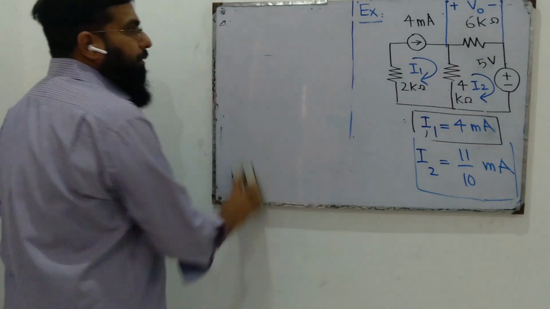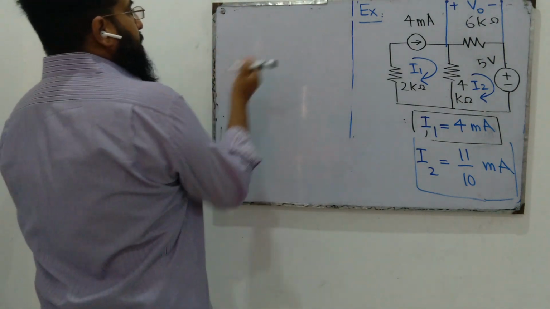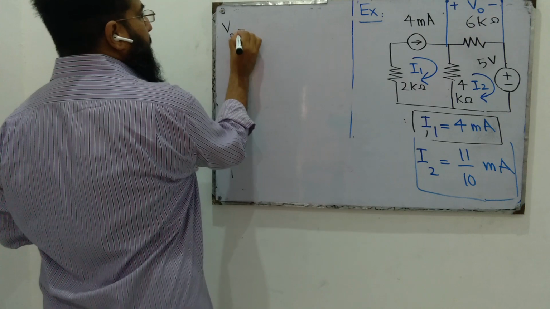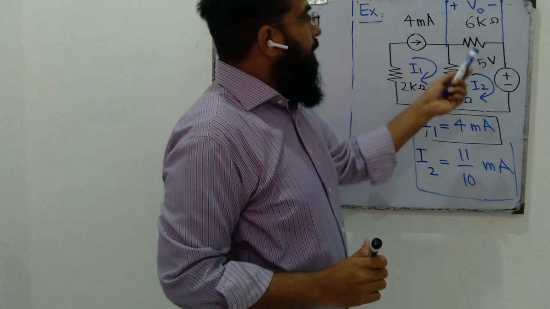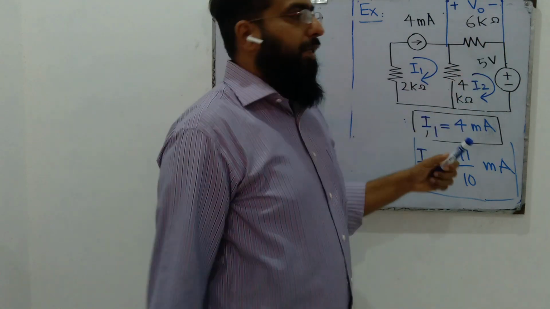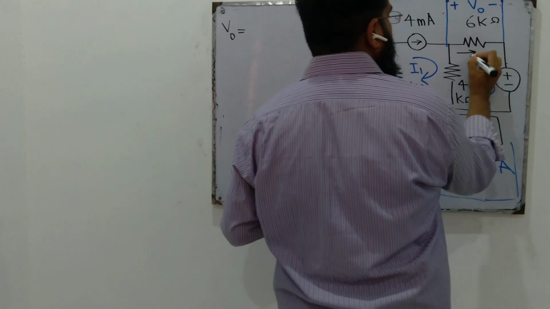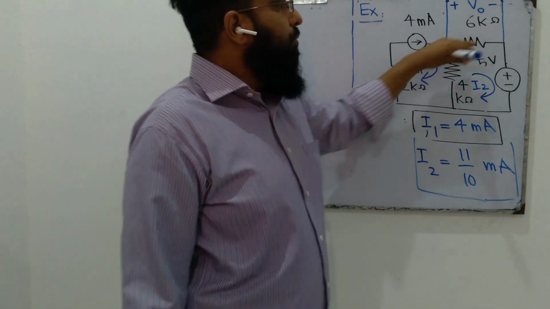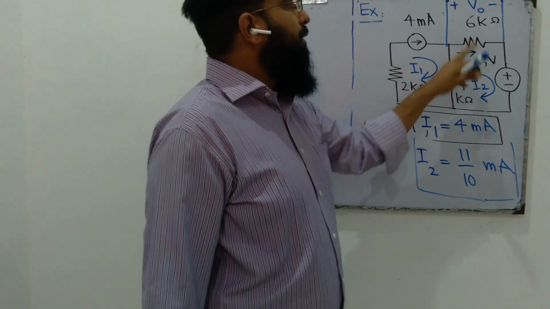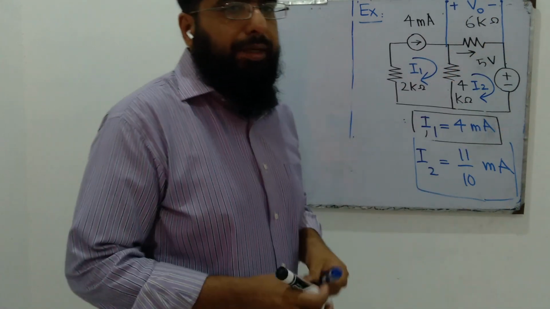How to compute V out? V out is the voltage drop across the 6K resistor in a direction so that the left side is positive, the right side is negative. When the current flows through the 6K resistor in this direction, it causes this polarity. The left end becomes positive, the right end becomes negative.